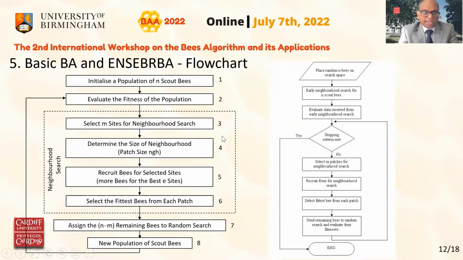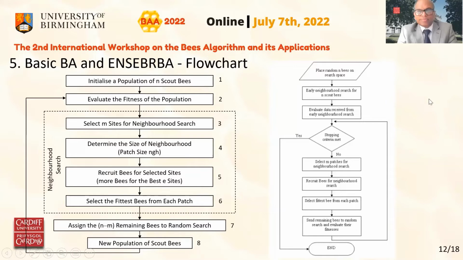So inside this box from 3 to 6, that is your local search, neighborhood search. And then what about the remaining sites? The elite sites are selected, those are the M sites, and N minus M are the remaining patches. Random bees will go there, and you have exploration going on.